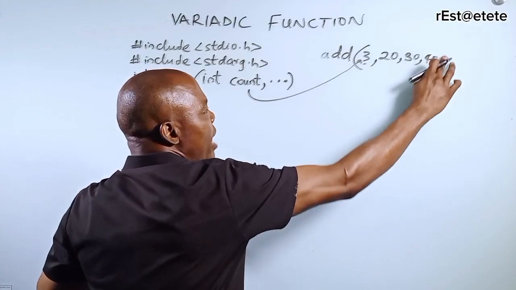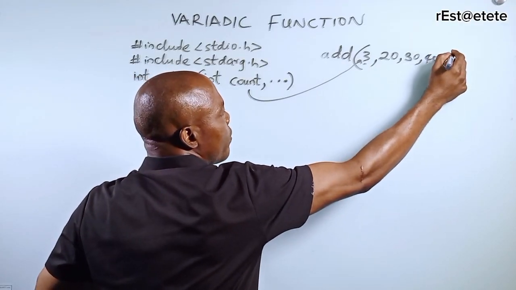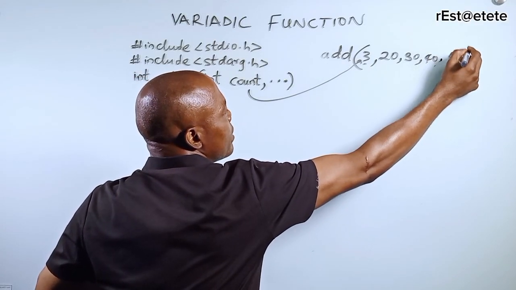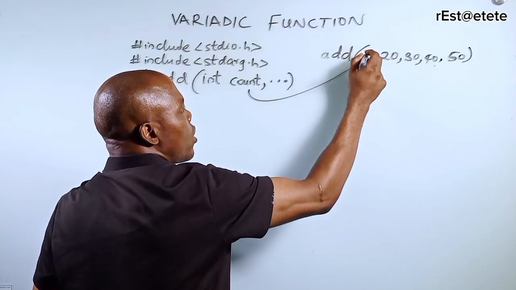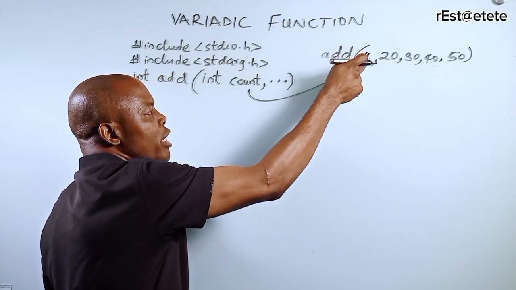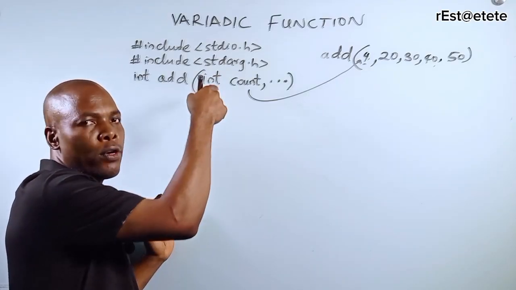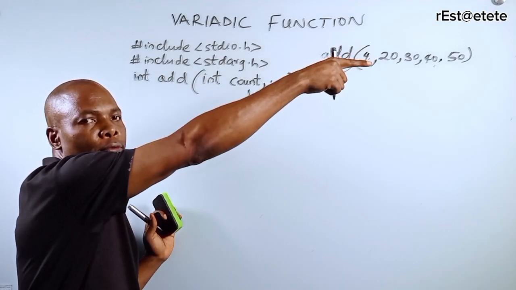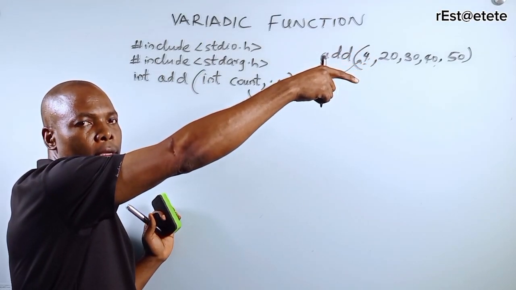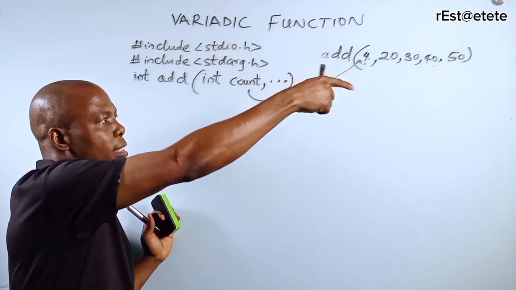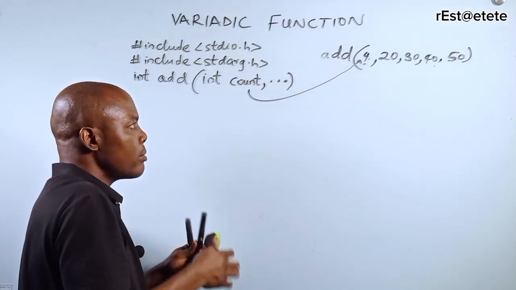Now, if I'm going to supply 4 items, say 50, so this count will become 4. So this first variable is a known variable telling the compiler or telling the function that you should be expecting 4 elements or 4 arguments, right? That is what that is for.